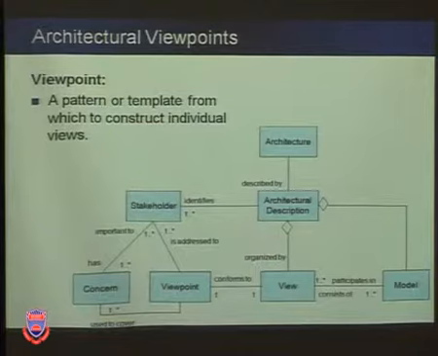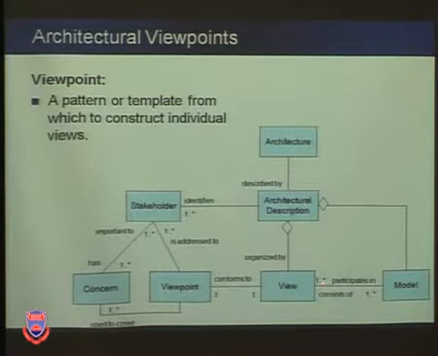This was the summary from last time, also a part of the IEEE recommended standard for architectural description. A key issue here is that every architectural description is organized by a set of views.